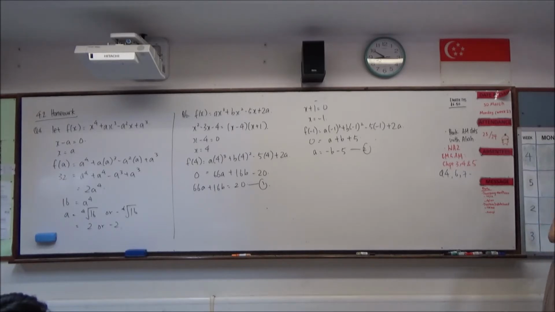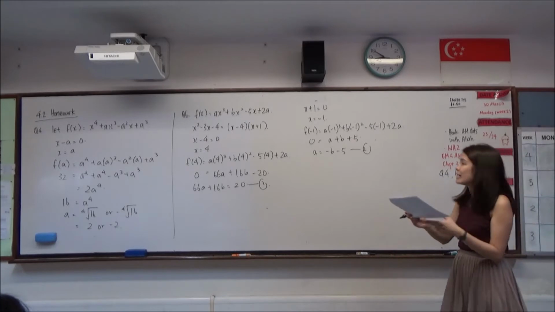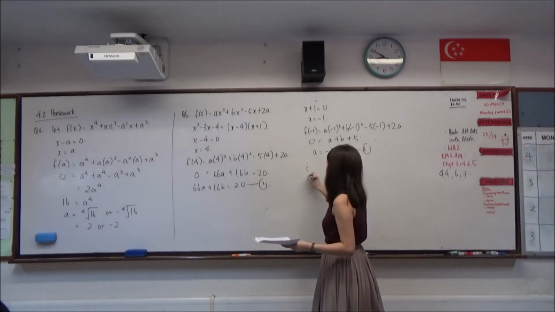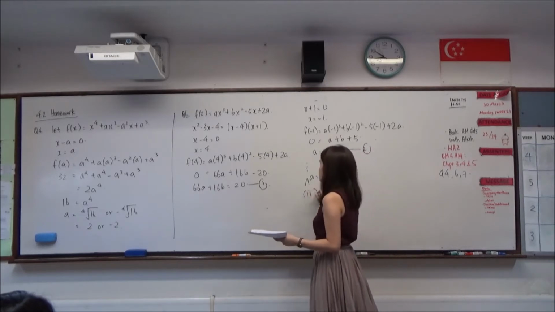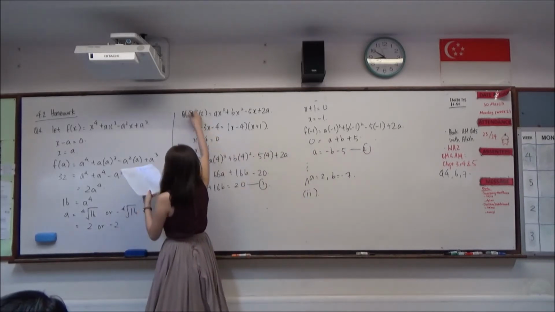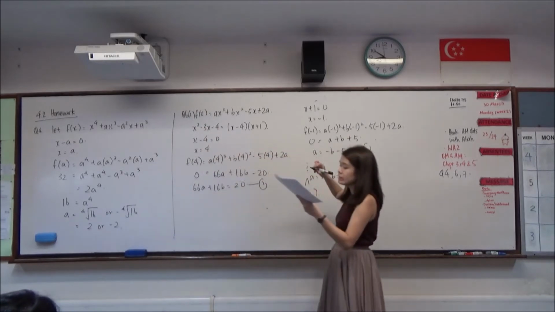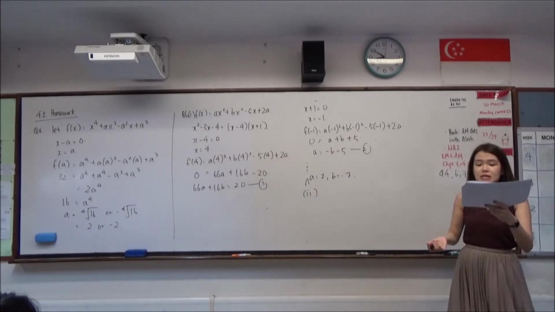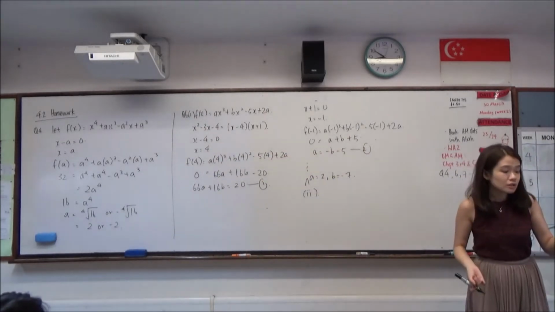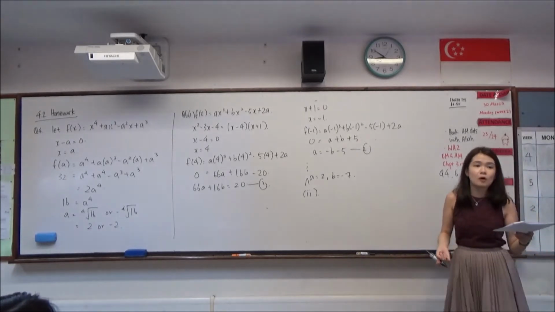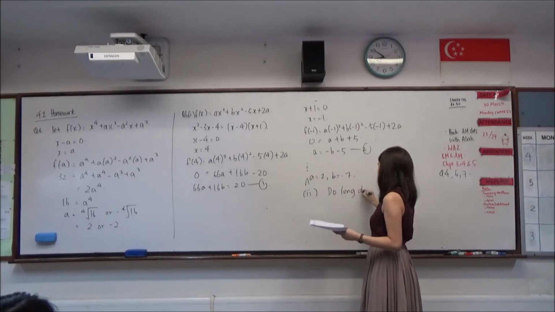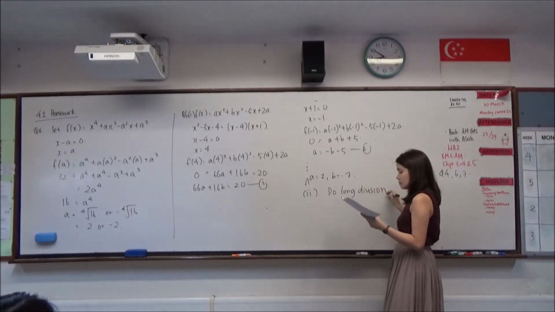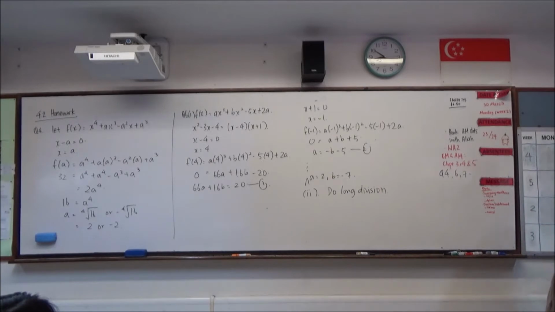Then in part 2, to factorize the whole thing completely, with the value of a and b already, you just have to do long division with the x squared minus 3x minus 4. So do long division, and you will get that the other factor should be 2x minus 1.